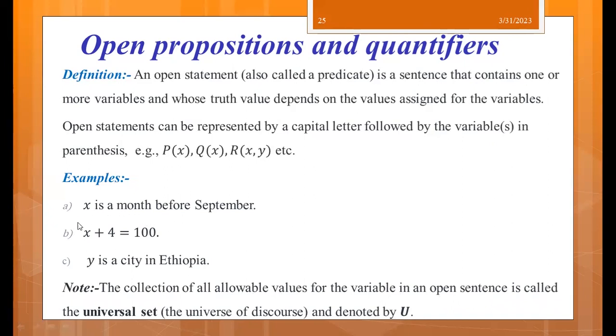If the possible values of x are not clearly specified, the set of real numbers can be taken as the universal set for this open proposition. The notation for the universal set is the capital letter U.